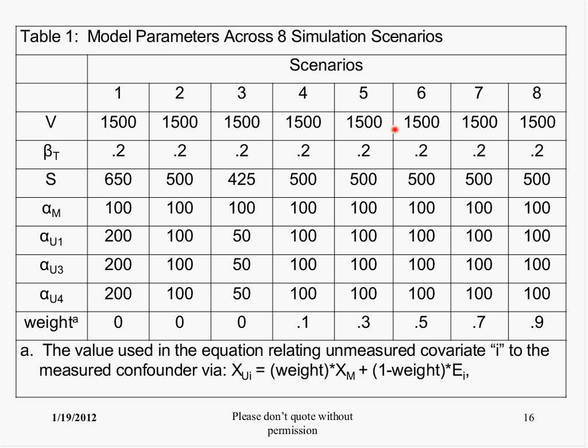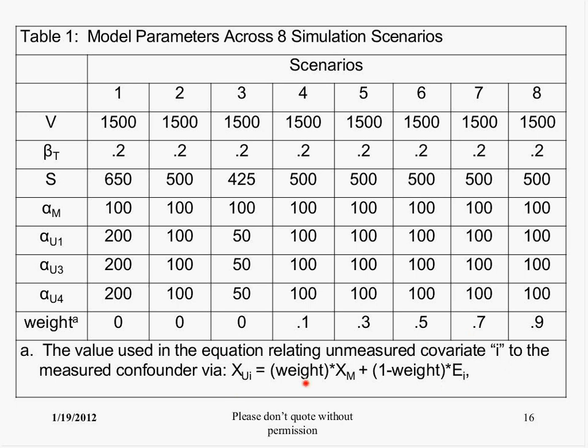Now, scenarios 4 through 8 represent the scenarios where we made these scenarios just like scenario 2. The value weights that are placed on each of the covariates, whether measured or unmeasured, were the same as scenario 2, the one right in the middle. But now we applied these weights when we're computing our covariates, and here's, once again, the definition of the weights down here in the footnote.